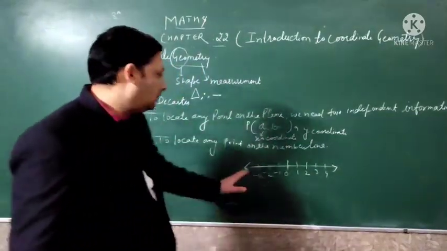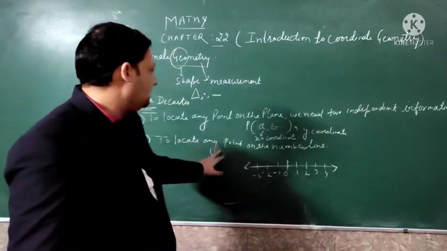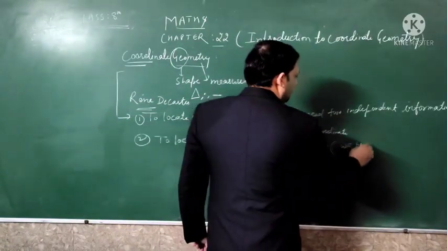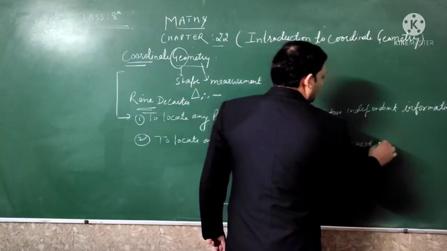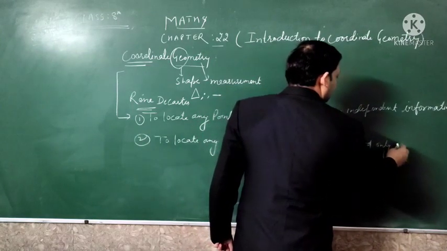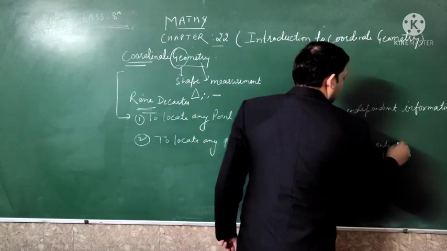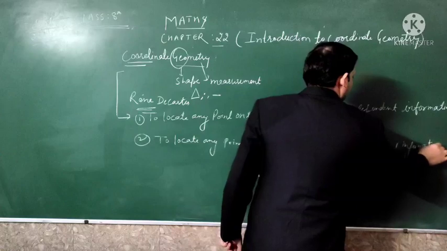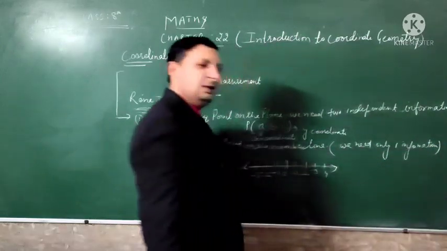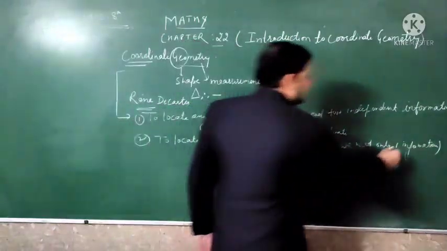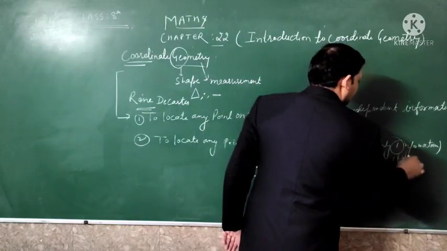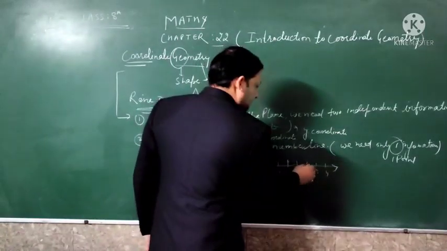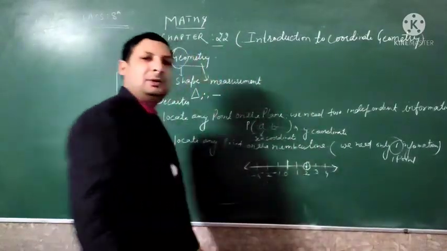To locate any point on the number line, we need only one piece of information, which means one point. Like I want to represent 2 on the number line, I will circle here. This is the location of 2 on the number line.